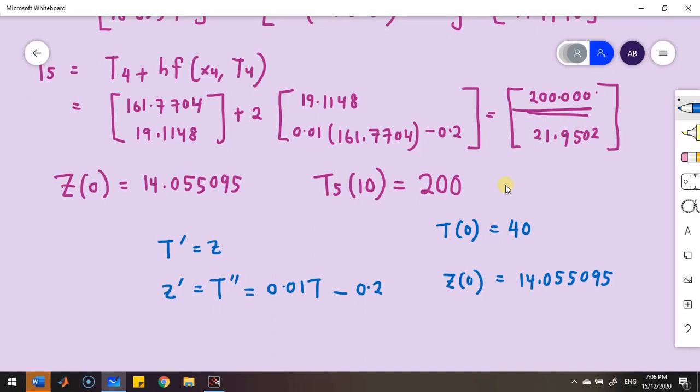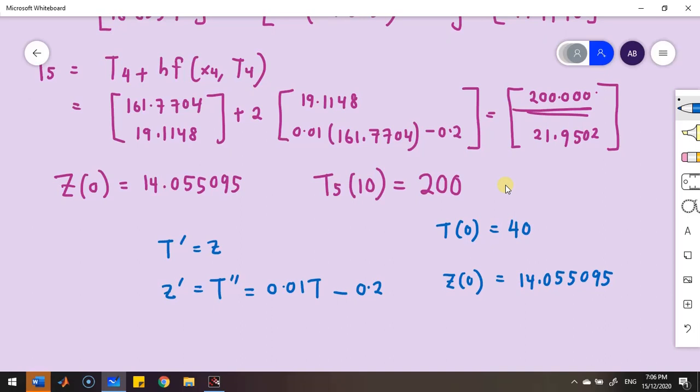With the two initial value problems here, I have obtained the value that I want for both t and z. So this is the idea of the shooting method.